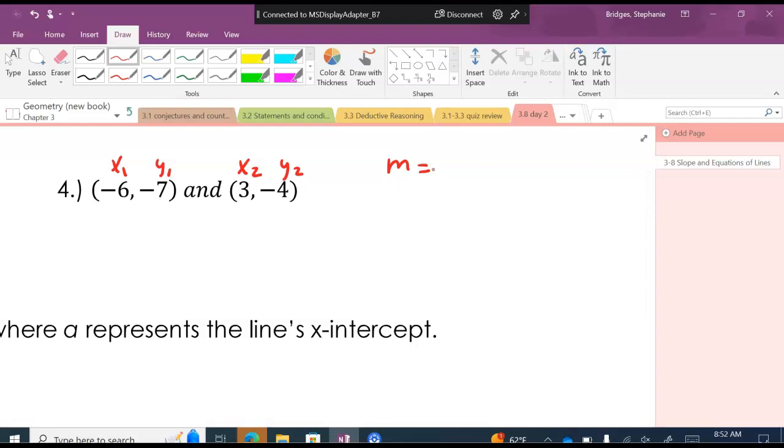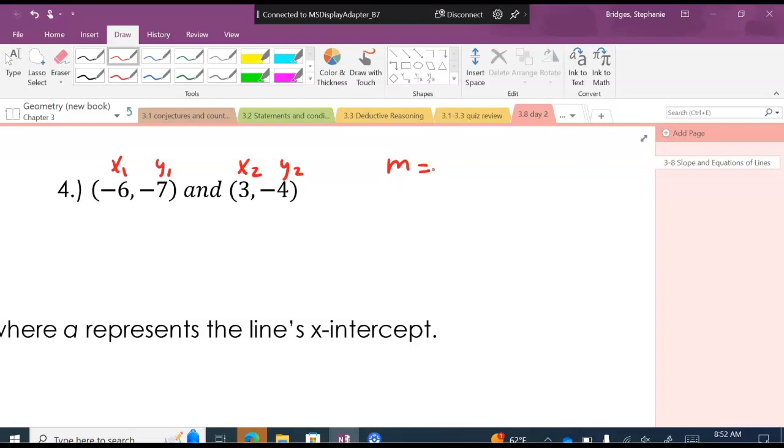When you find your slope, if it can reduce, make sure you reduce it. Use the formula that we just wrote up on the board again for you, the slope formula, Y2 minus Y1 over X2 minus X1. You do not have to memorize these formulas, you just have to know how to use them.